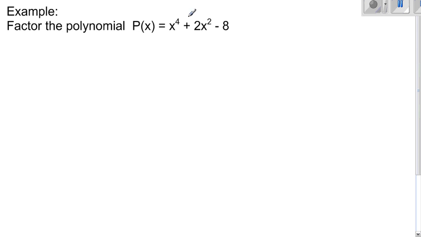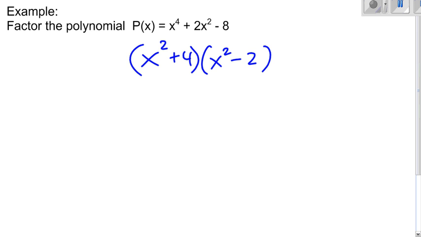For our last example, we're going to factor this. What multiplies to be negative 8 and adds to be 2. So we can factor that to be x squared plus 4, x squared minus 2. x squared minus 2, that is a difference of squares.